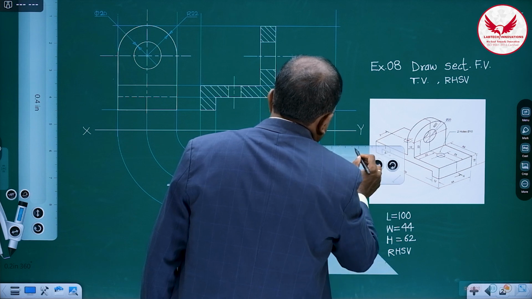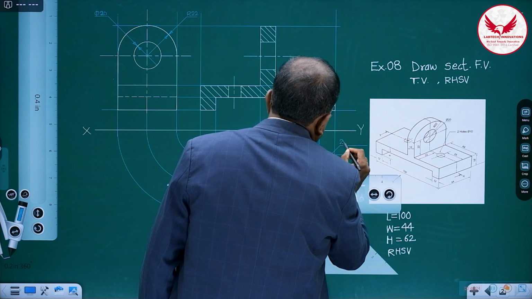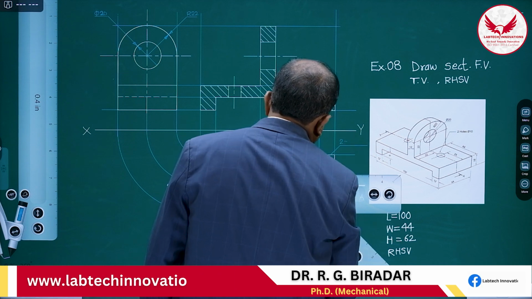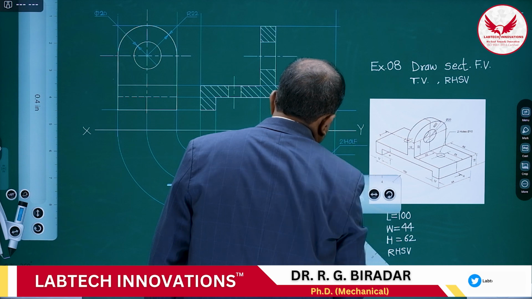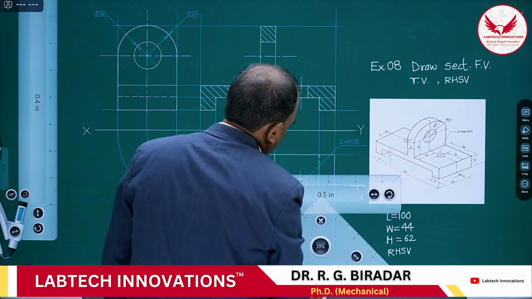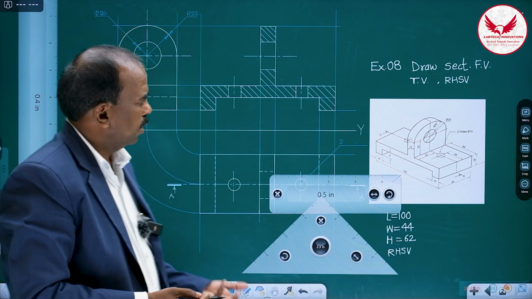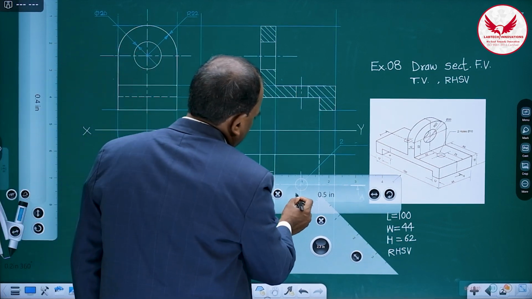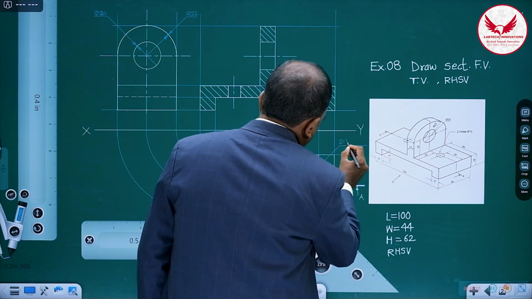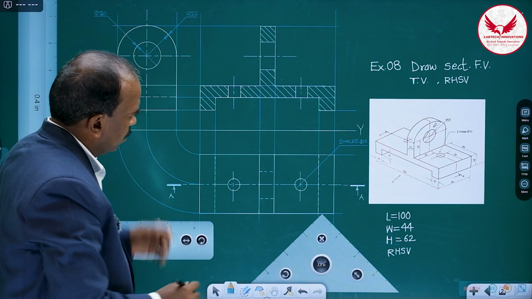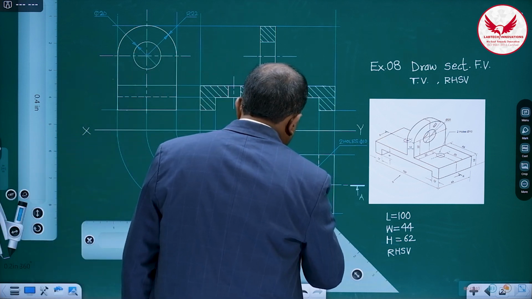So here you can write like this, 2 holes, two holes of height 10, like this.